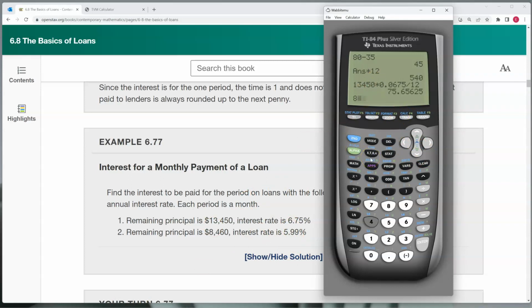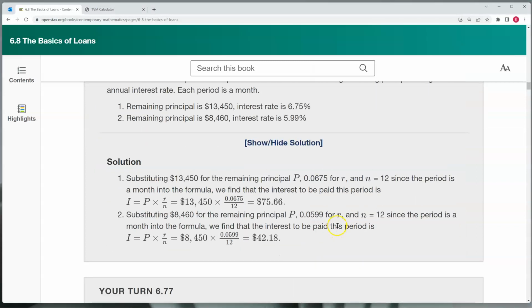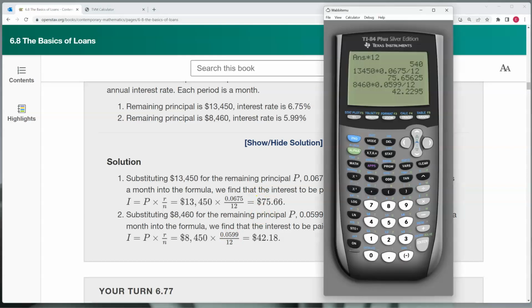For the next month, we'll just do it right here on the same page. $8,460 times 0.0599 divided by 12. Then that loan would have an interest payment of $42.23. If we look here, you can see there's that $75.66 by that calculation, and here it's just $42.